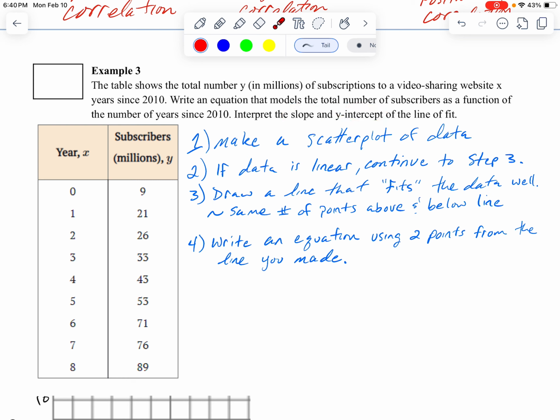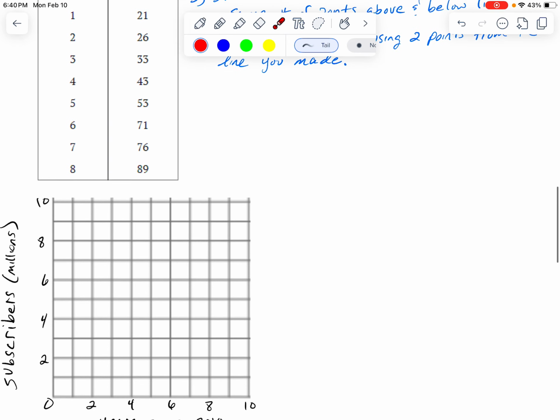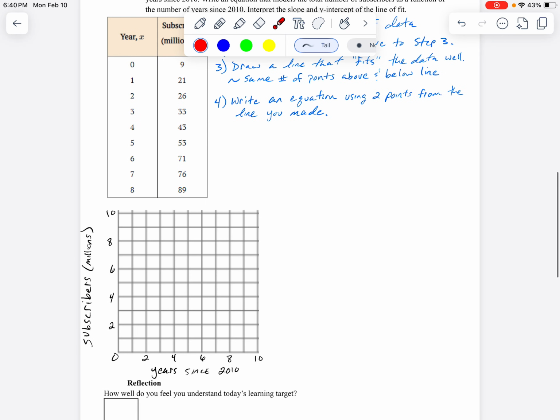So here are the steps we want to take. We're going to first make a scatter plot of our data. So let's go ahead and do that. I've got my x values on our x-axis, y values on our y-axis, and we're just going to plot this as close as we can to the actual value.